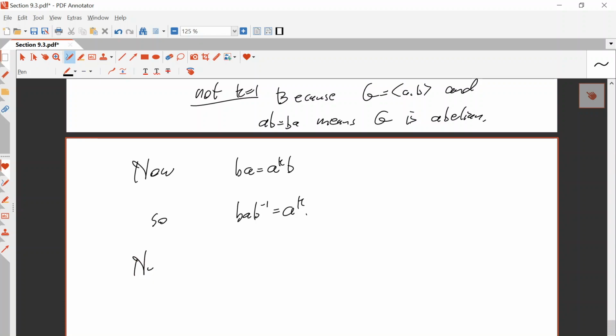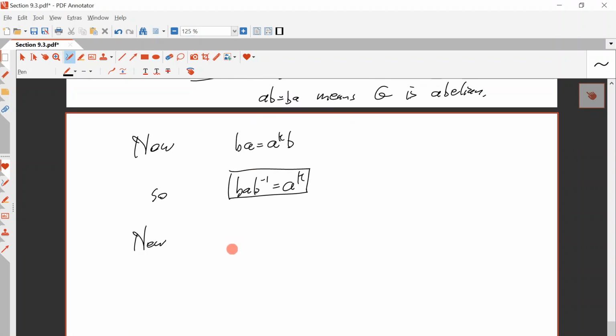Now, we're going to use this. B to the third, A, B to the minus 3 is just equal to A, because B to the third is the identity. So you can do this here. So B squared, A, B to the minus 2 is equal to A.